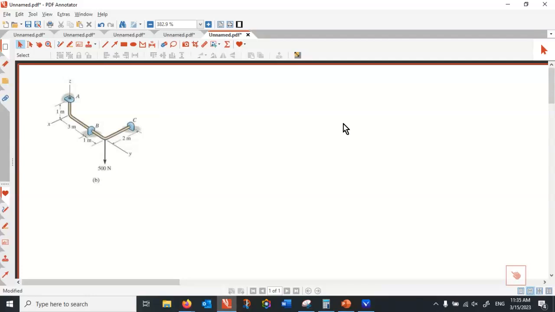Okay, journal bearing. At point A, the rod is free to move vertically, free to rotate about the z-axis, but not free to rotate about the x-axis or the y-axis.